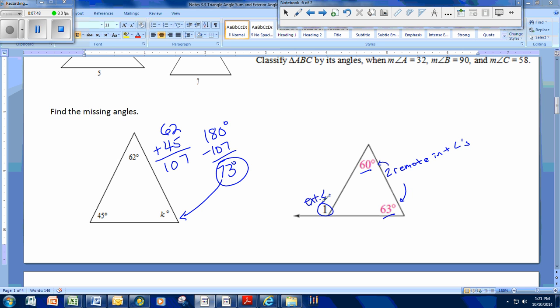So I know angle 1 is going to be simply 60 plus 63. So angle 1 has a measure of 123 degrees. And that concludes the lesson about classifying triangles, the triangle angle sum theorem, and the exterior angle theorem of a triangle.